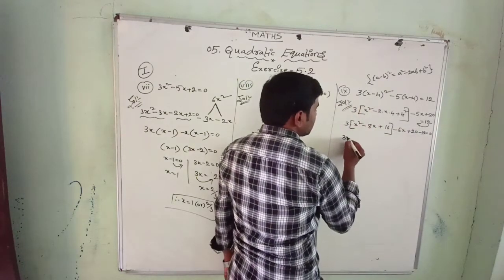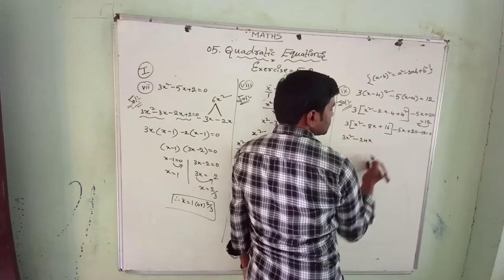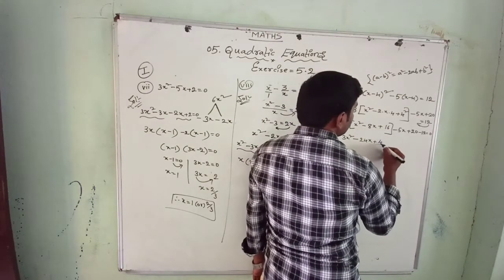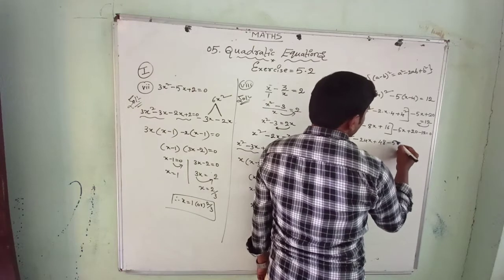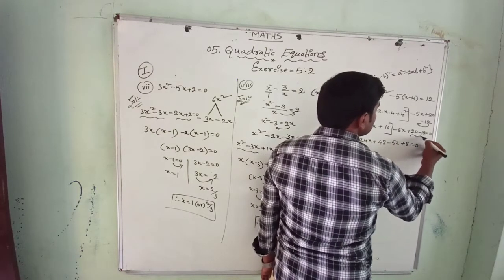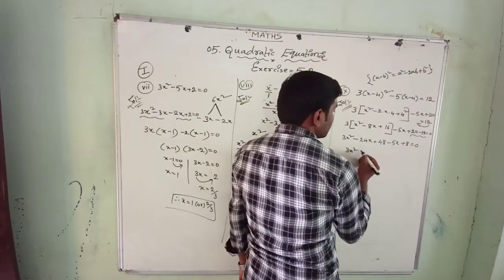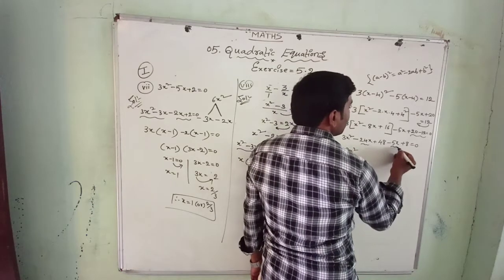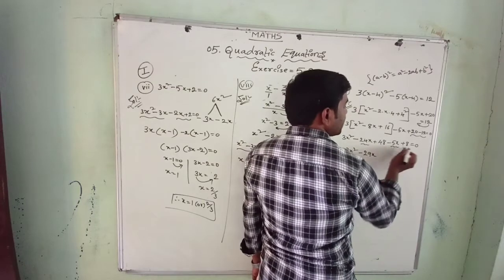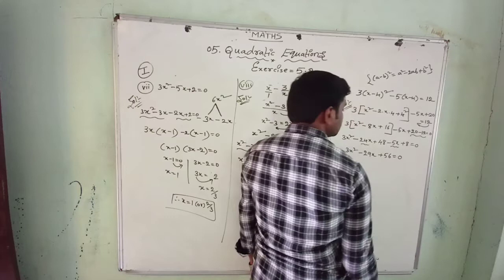Then 3 into x square, 3x square minus 3 8s are 24 into x plus here 3 16s are 48, minus 5x, here 20 minus 12 is 8 equal to 0. Okay, then here 3x square minus 24x minus 5x, that is minus 29x, 48 plus 8, that is plus 56 equal to 0.